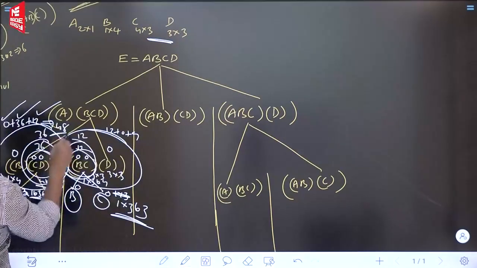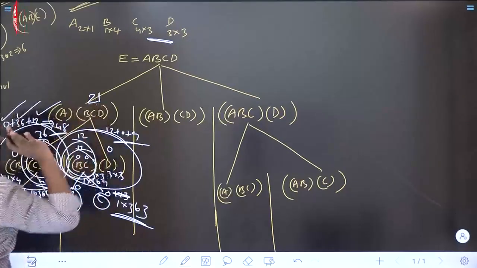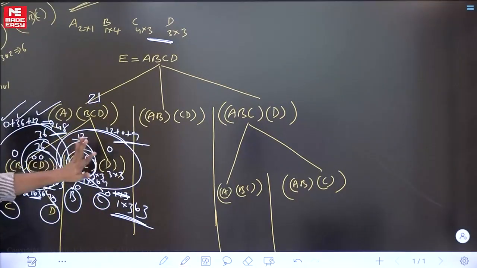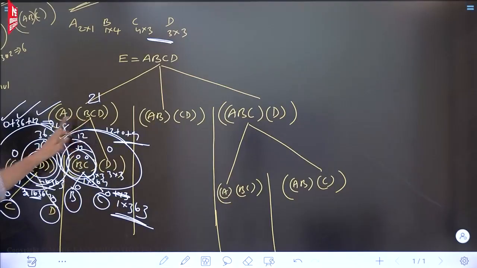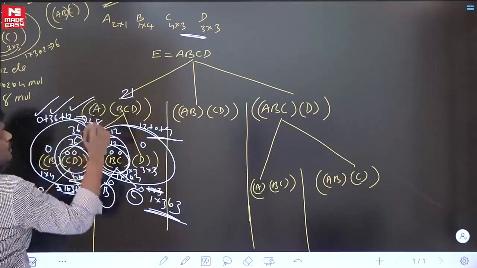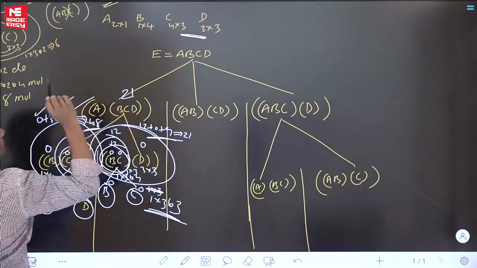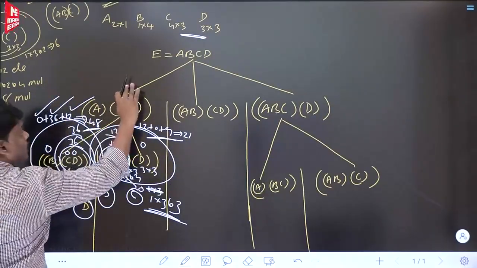So left one is 48, right one is 21, overall 21 is better, take 21. If anyone has small confusion about how to do 3 matrices, you know very well, like the previous problem. BCD has 2 ways, one way 48, one more way 21, best one is 21. To do BCD, 21 required.